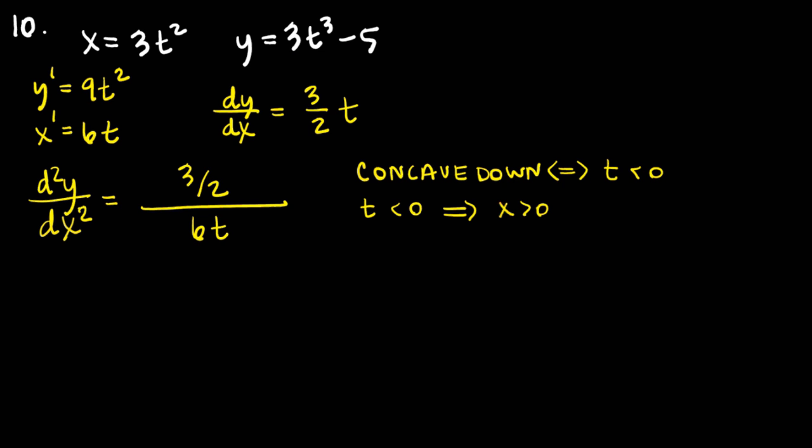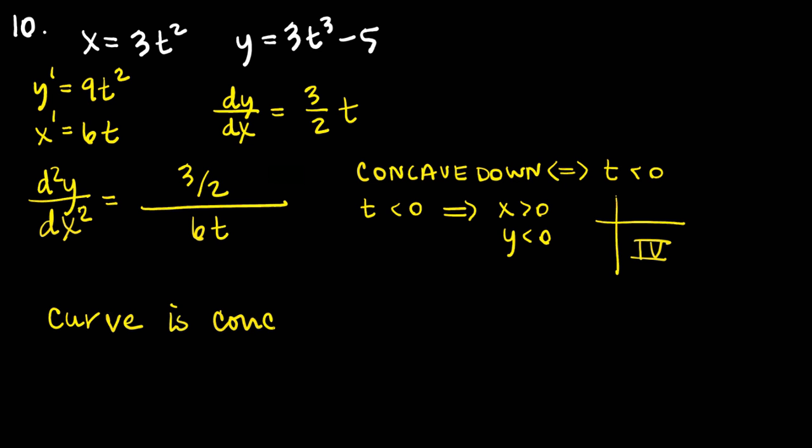And y is going to be negative because I take a negative number to the third power, it's going to be negative, multiplied by 3 is negative, and then subtract 5 more, it's going to be even more negative. So I'll have x is positive and y is negative. So over here, where x is positive and y is negative, that's quadrant 4. Okay, so I'll say that the curve is concave down in quadrant 4.